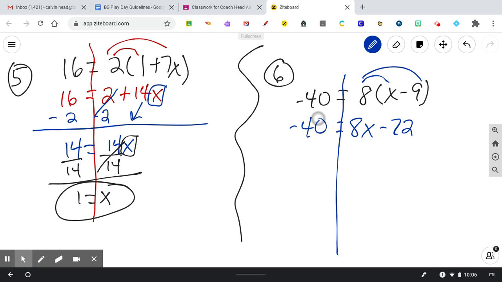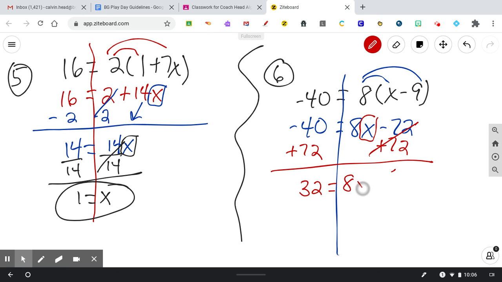Trying to get the x by itself, so I'm going to move this 72 first. Negative 40 plus 72 is a positive 32. Bring my 8x down. Now my last step, trying to get that by itself, I'll divide both sides by 8. Cancels. 32 divided by 8 is 4. So x equals 4.